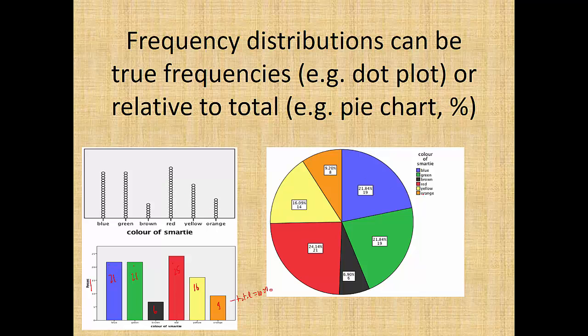So orange is 8. 1, 2, 3, 4, 5, 6, 7, 8. Yellow, roughly 16%. I wasn't too far off in my estimates. This is true frequencies. This is percents. And these percents are here, but the true values are also here.